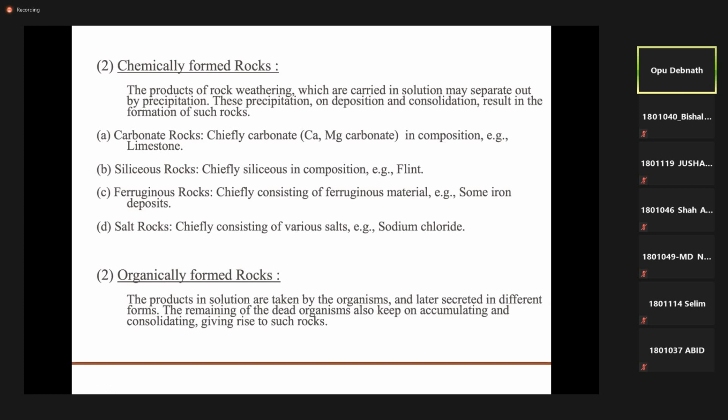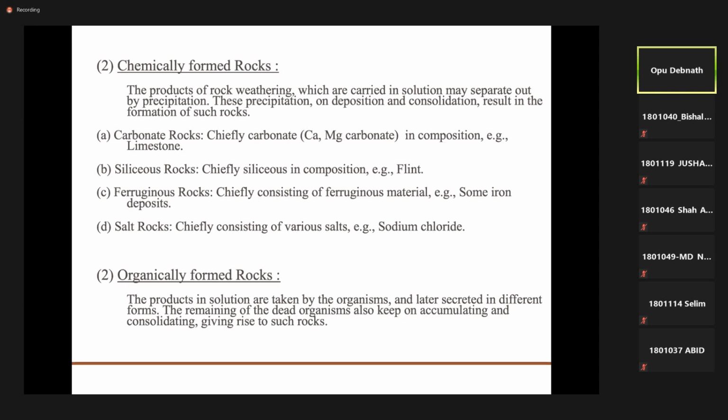That means the larger particles will settle first and the finer particles will move some other distance and will be deposited layer by layer. So on the deposition, this precipitation, deposition and consolidation results if we go for a certain solution, that means water or any other solution, or liquid materials.